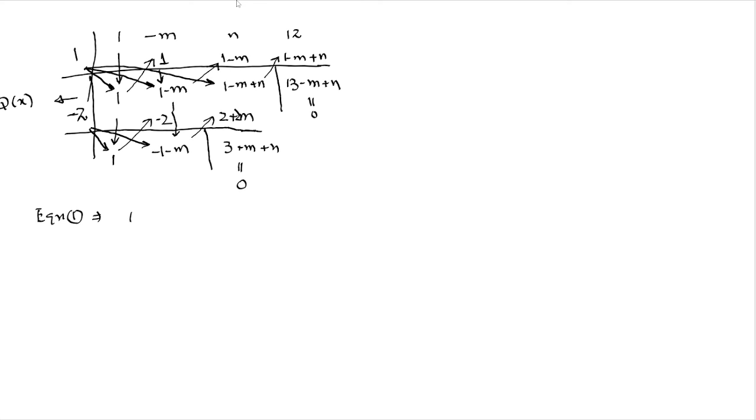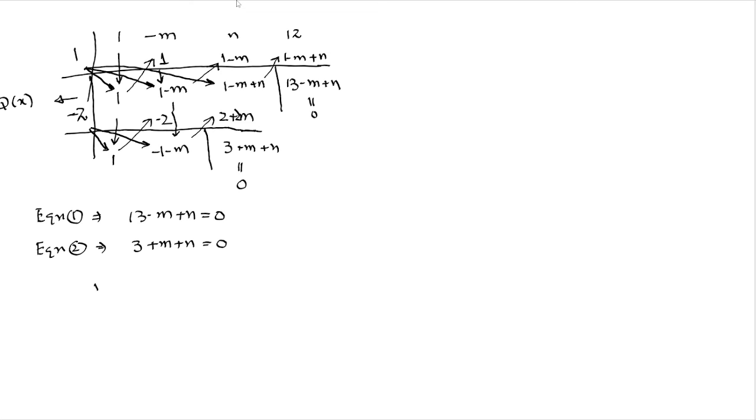So we can perform that division in a single table, and from here the first equation, equation number 1, will be 13 minus m plus n is equal to 0, and equation number 2 will be 3 plus m plus n is equal to 0. Now add the two equations, you will find the value of n, and by inserting the value of n in any of the two equations, you will find the value of m.